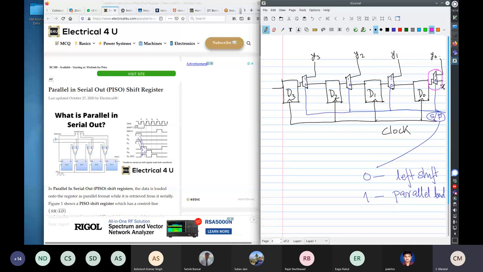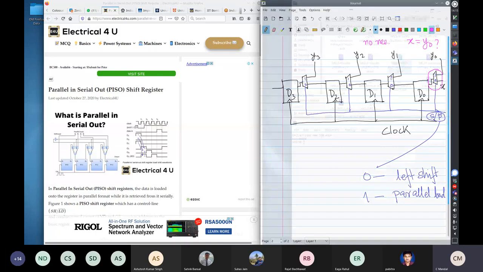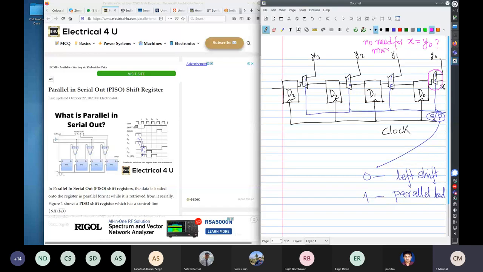Sometimes if y0 is equal to x0, that is x, if this situation happens, then you don't need the multiplexer. That is what you see over here.